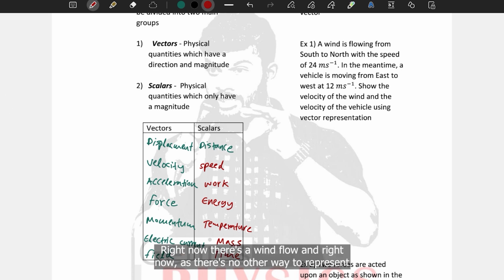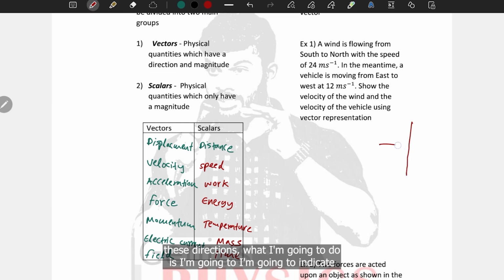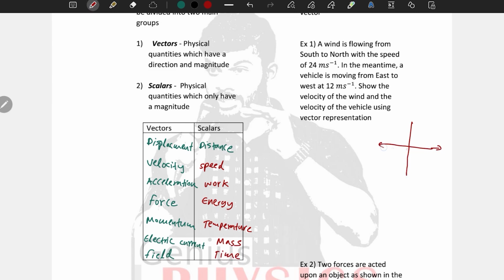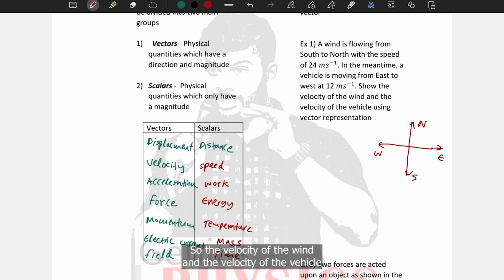As there's no other way to represent these directions, I'm going to indicate all the expected directions like this. So this is my north, this arrow is representing the south direction, this is the east, and this is west. Now a vehicle is moving from east to west at 12 meters per second. Show the velocity of the wind and the velocity of the vehicle using a proper vector representation.